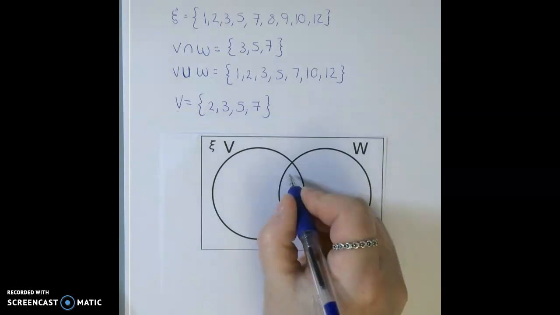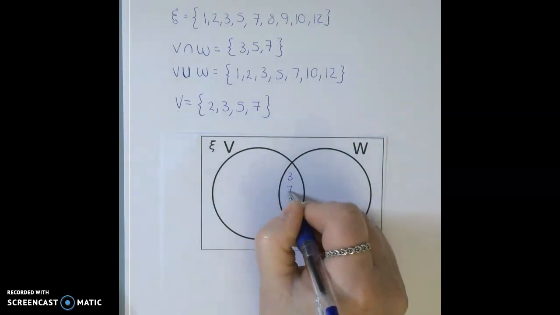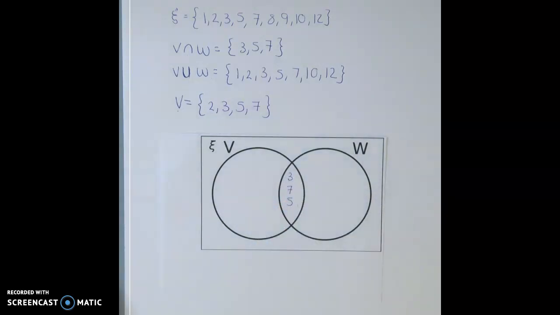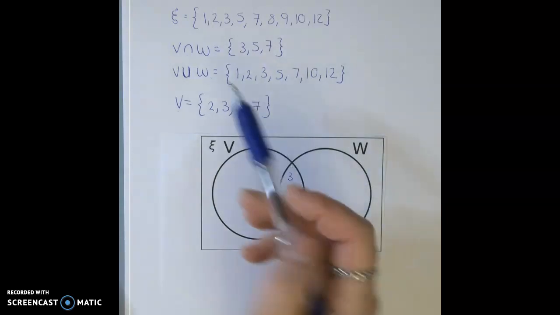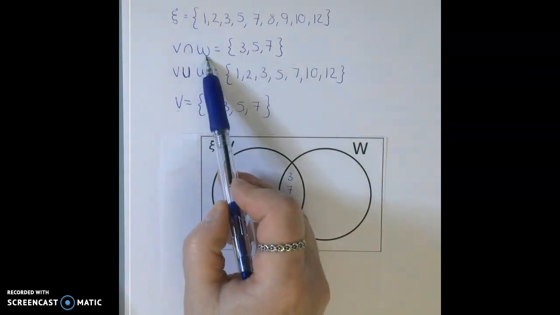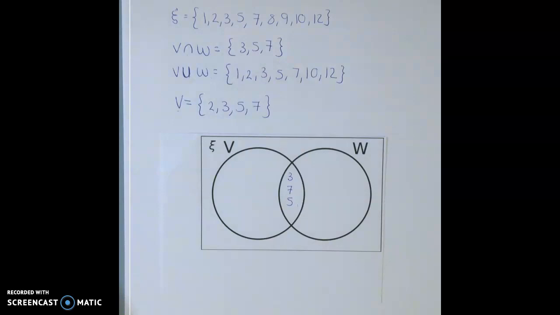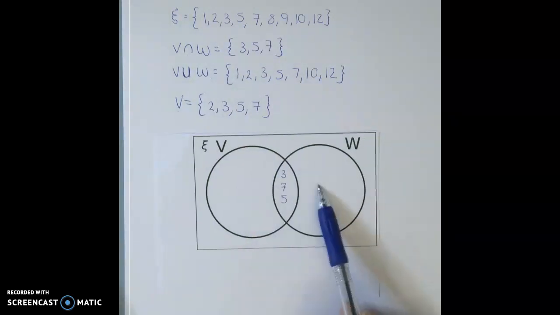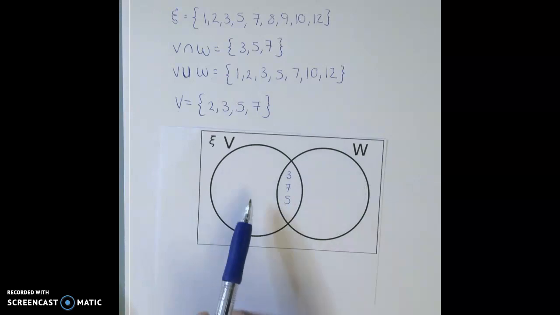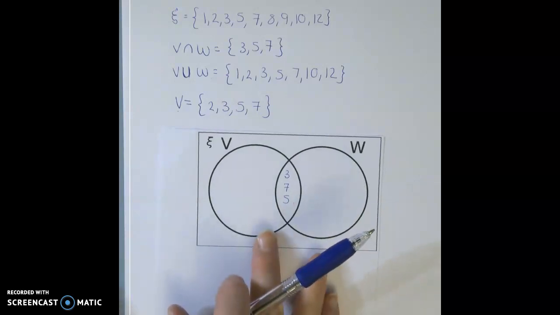So we know that number 3, number 7 and number 5 are in this intersection part because they have to be in set W and they have to be in set V. So these are the numbers that are in both because they appear in both circles.